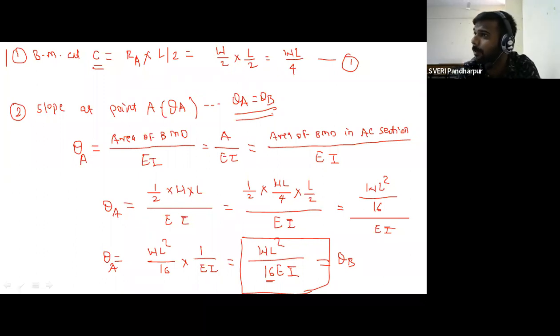And these are the standard formulas. E into I is called the flexural rigidity. So sometimes E and I are given separately, or sometimes their product is given in the statement.